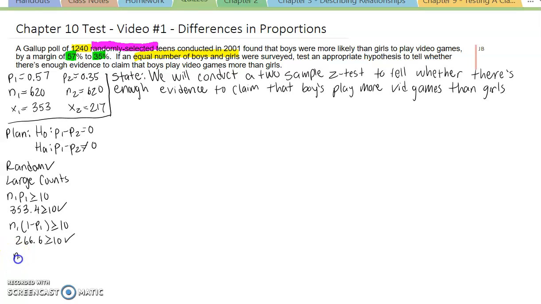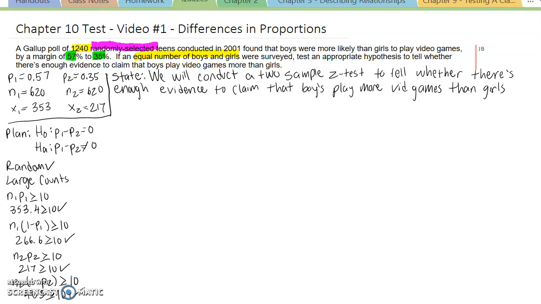Then we're going to do n2 times p2 is greater than or equal to 10. And I got 217 for that, which is greater than or equal to 10. Then we're going to do n2 times 1 minus p2 is greater than or equal to 10. And that's 403, which also is greater than 10.